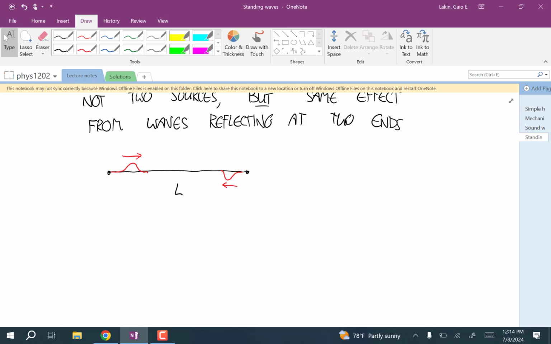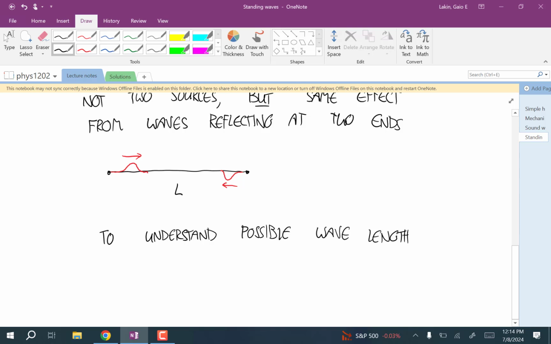And we can tell a lot about the nature of this standing wave by thinking about the nodes. So, to understand the possible wavelengths, and eventually to get to figuring out the frequencies, first think about the nodes.